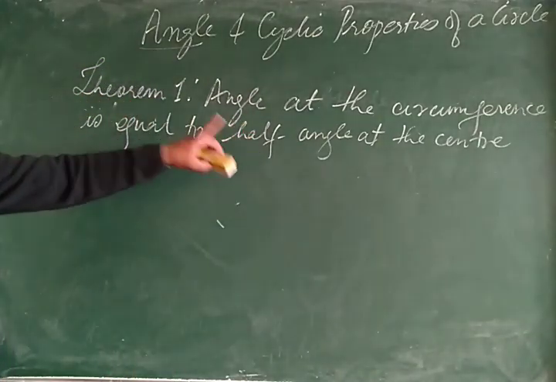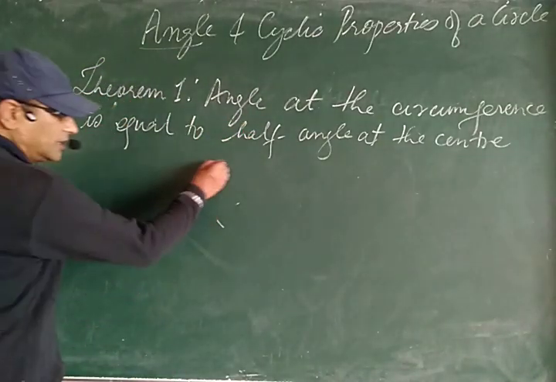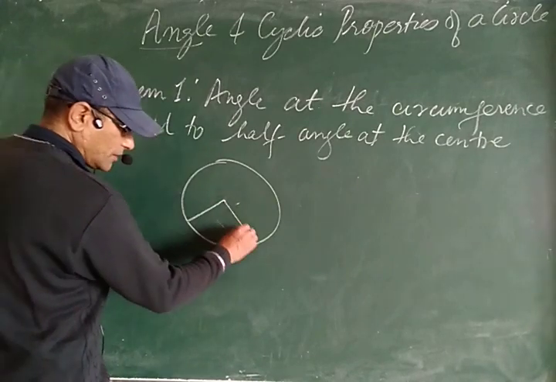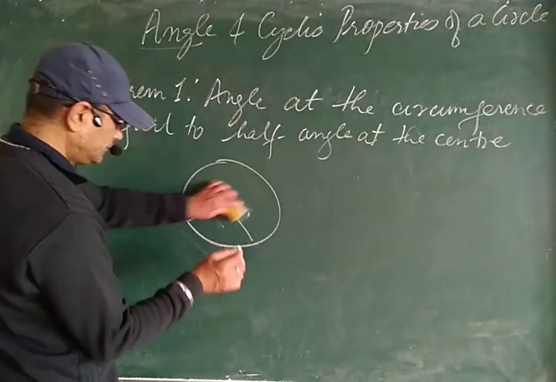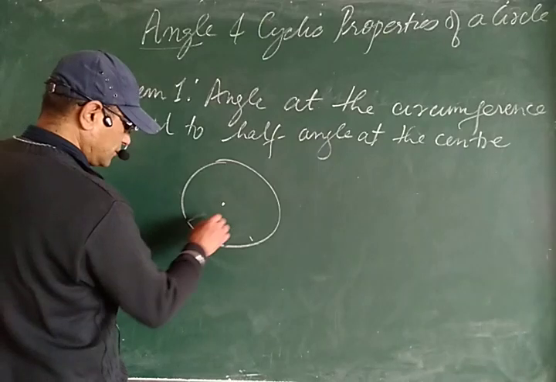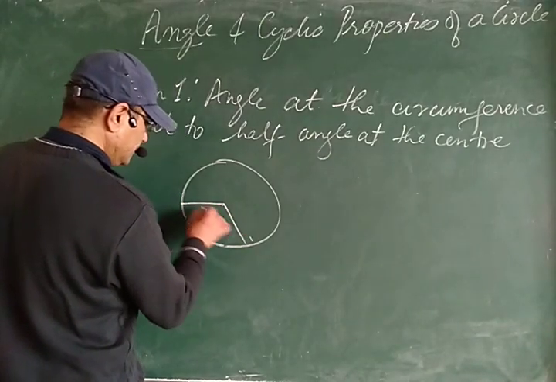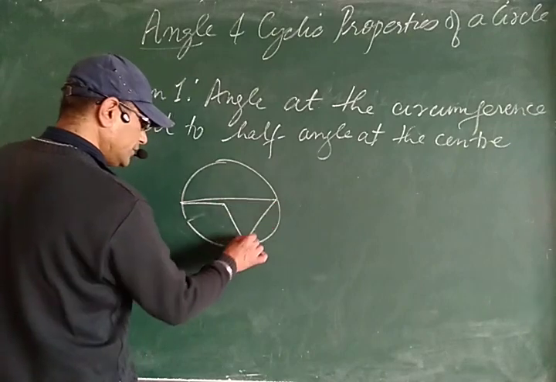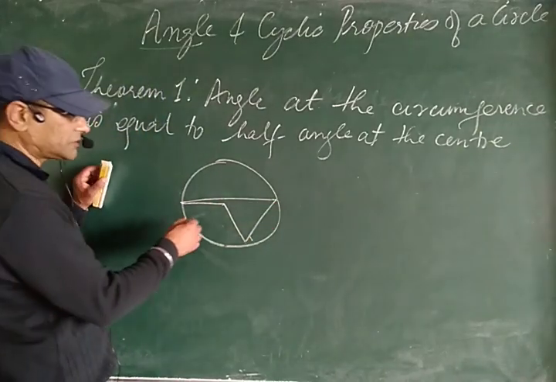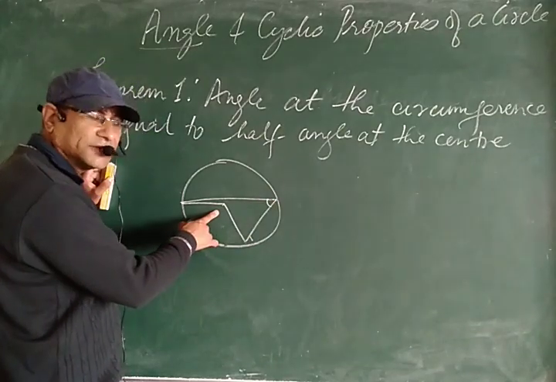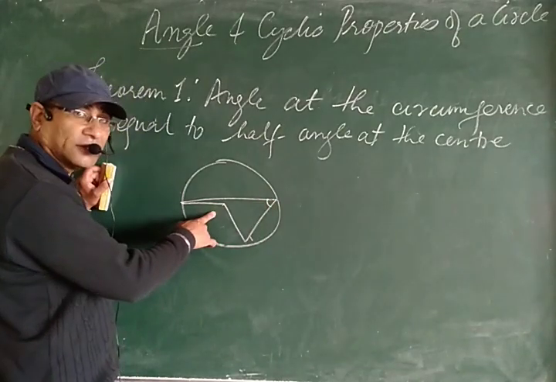Angle at the circumference will be equal to half of angle at the center. Angle is formed over here. Same thing. Let me draw another one. One angle formed over here. Same thing, just the converse of the previous theorem. Angle at the circumference will be half of angle at the center. This will be half of this angle.